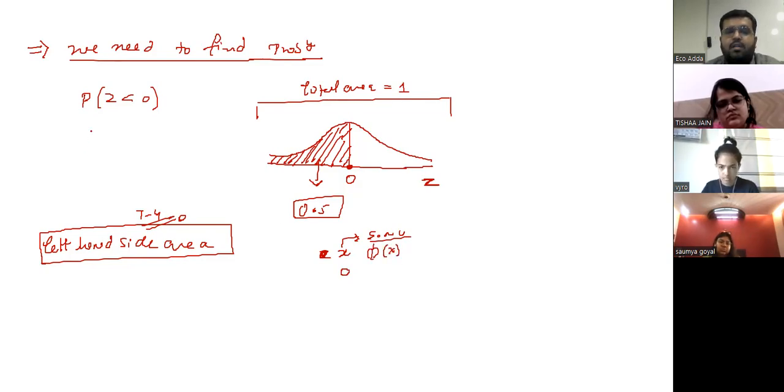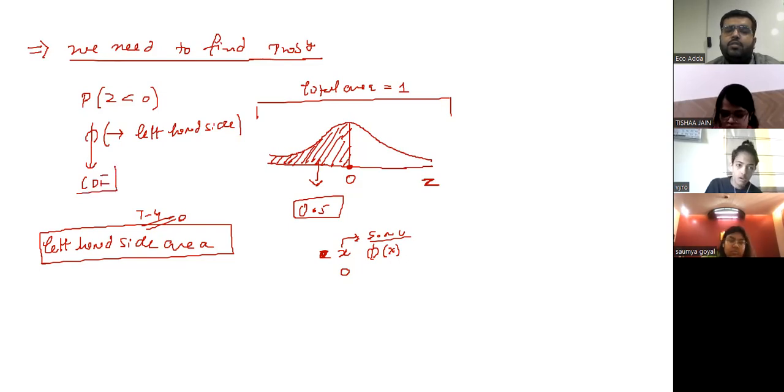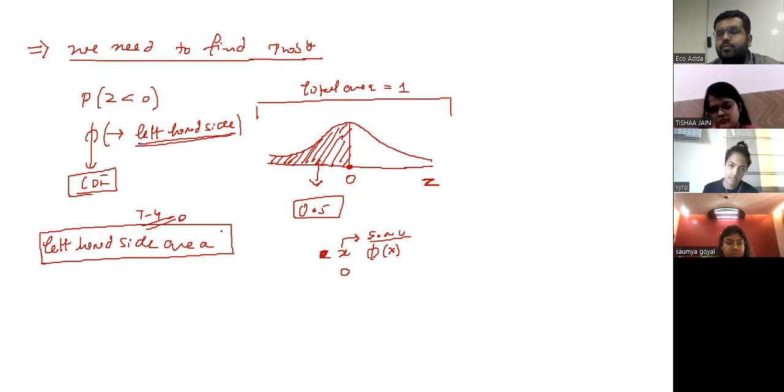Phi means this function is used to find left hand side area. Although this is nothing but CDF, cumulative distribution function. But right now, since you don't know what is CDF, I'm avoiding these words, so that you should not confuse yourself. Please remember that phi means you are finding left hand side area. Does that make sense? So in this case, phi of x, since x is taking 0, my answer should be 0.5. Can we say that?